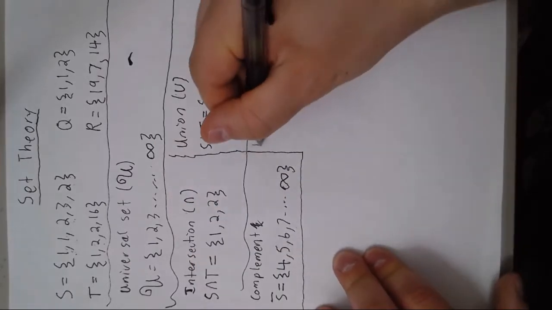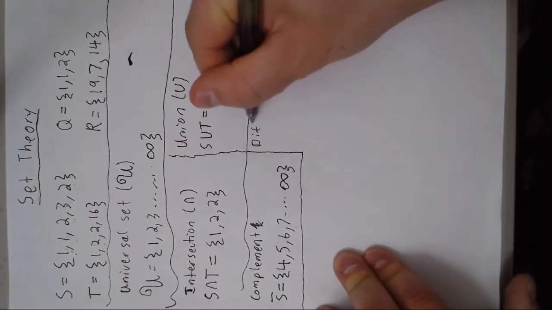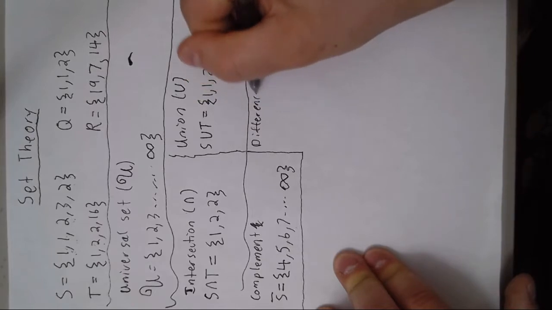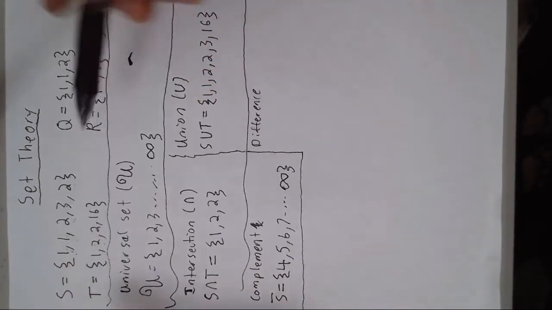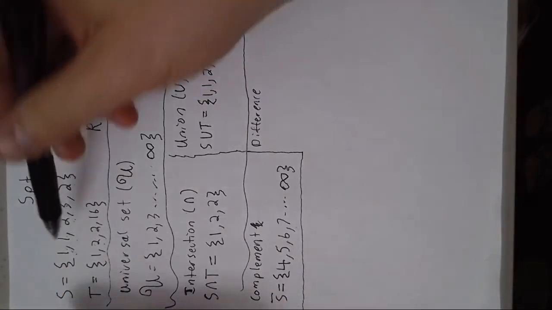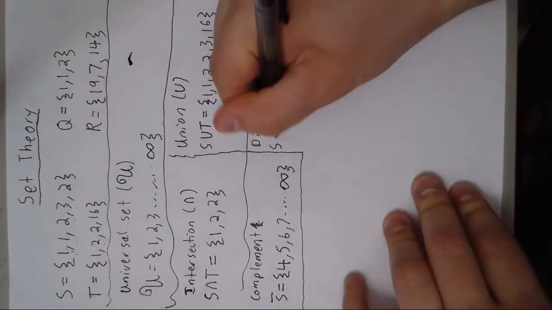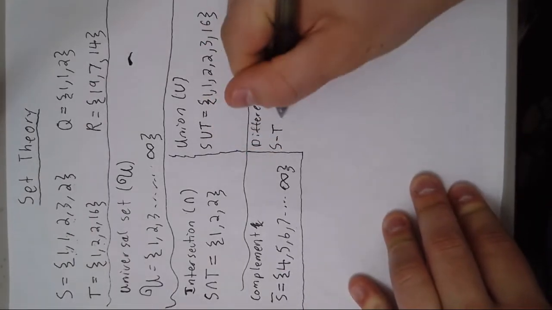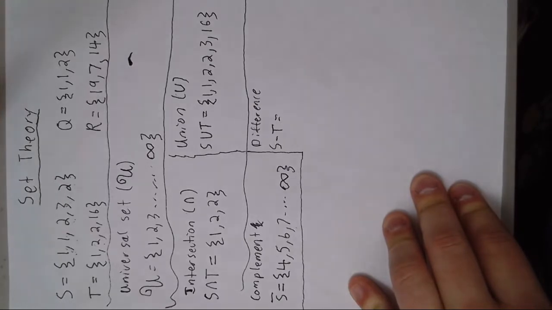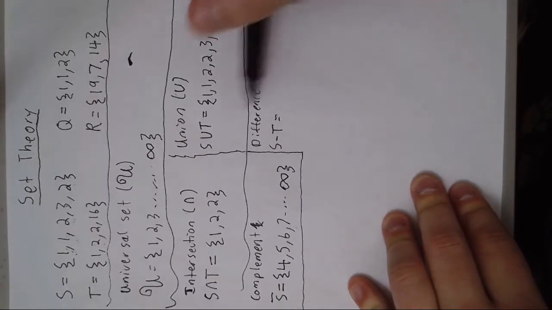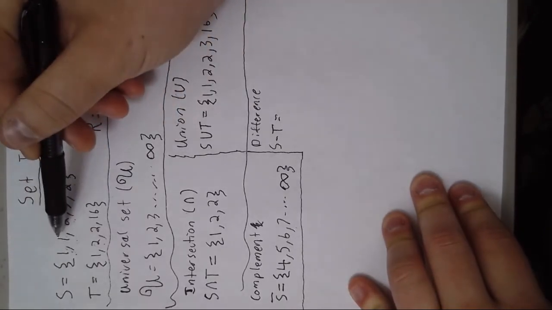Okay. And then there's also the difference. You can probably imagine how that's going to work. You just subtract the elements of one set from the other. So let's say we had S minus T. That would be equal to, we have 1 here, so we'll subtract that.